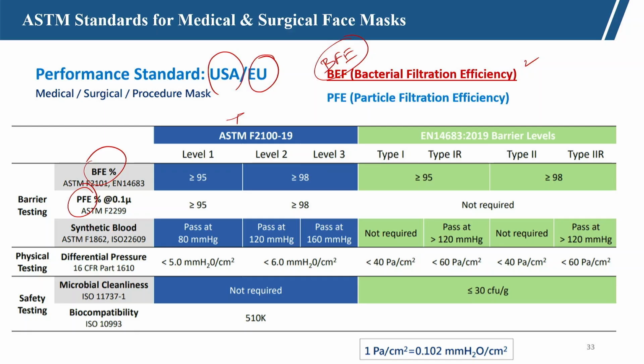Bacteria are categorized separately from particles. Particles of typically 0.1 micron are used, and bacteria we know by their size. Then there is synthetic blood penetration. So, those tests are carried out as per ASTM F1862.